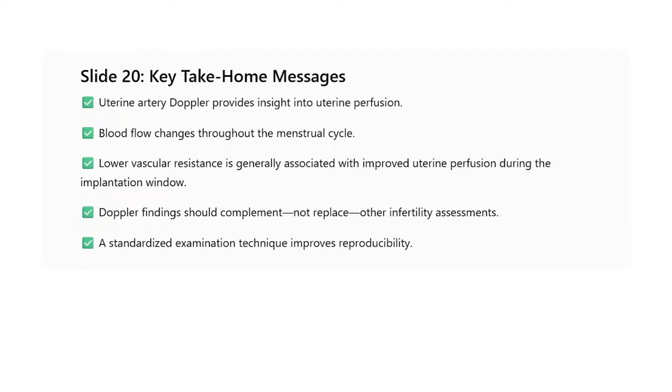Blood flow changes throughout the menstrual cycle. Lower vascular resistance is generally associated with improved uterine perfusion during the implantation window. So Doppler findings should complement, not replace, other infertility assessments. A standardized examination technique improves reproducibility.